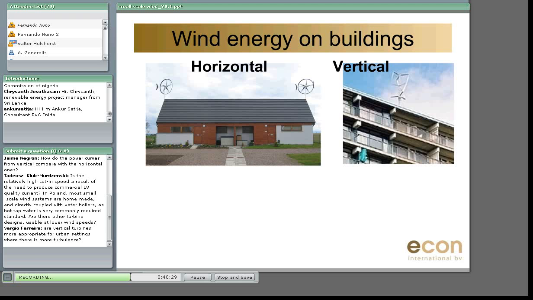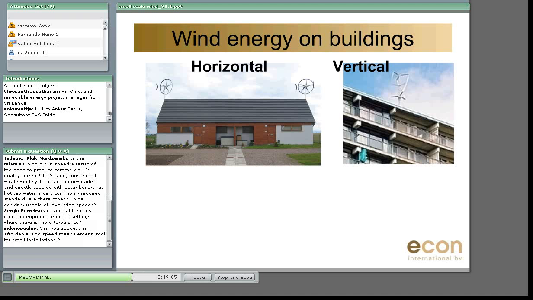Well, in general terms, turbulence is definitely not the best regime for wind turbines of any kind. It is an interesting question, and we will get more information, or we will post it as a comment. Thank you.